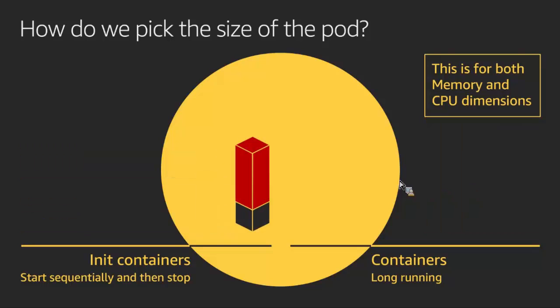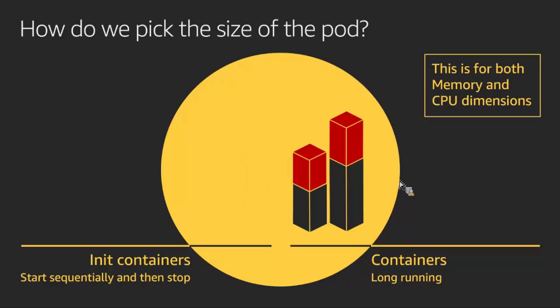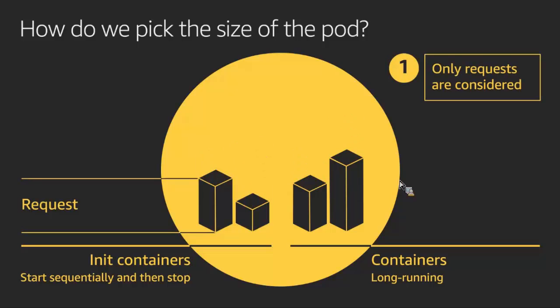So this is the first init container in my example. This comes and goes. Then there is a second init container that has different requests and limits. And then there are maybe a couple of long-running containers. Think about the sidecar patterns or anything that would require running more than one container in a pod. So the logic that we use in order to size that pod is, first of all, we only take into account the request that each of those containers make when they start.